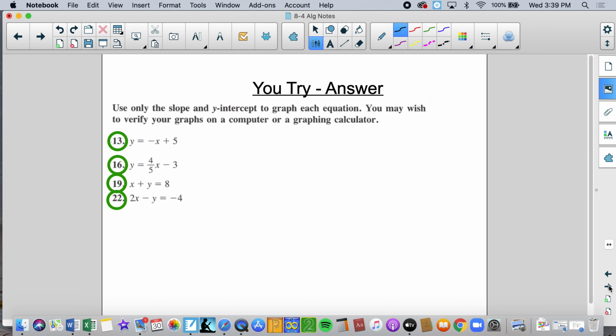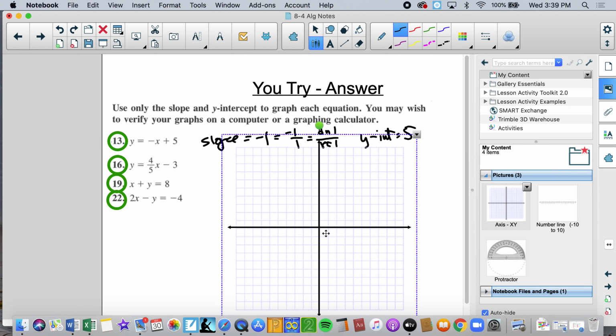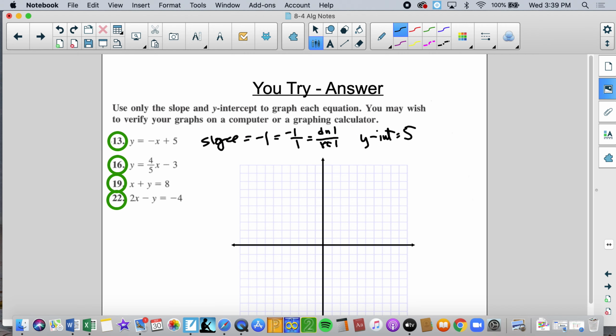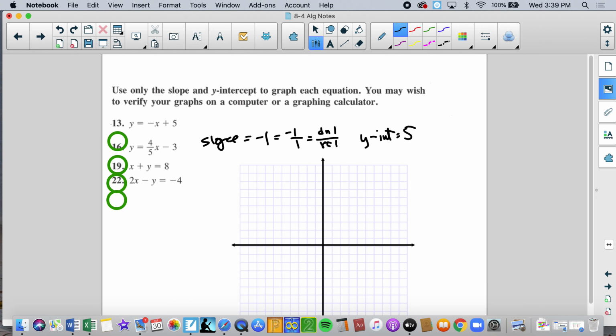So let's do the first one. Let's take the first equation. I know that my slope is equal to -1 as a fraction, -1/1, and that means down 1 and right 1, rise over run. And my y-intercept is going to be +5. So I pull out my graph. I'm going to plot my y-intercept first.